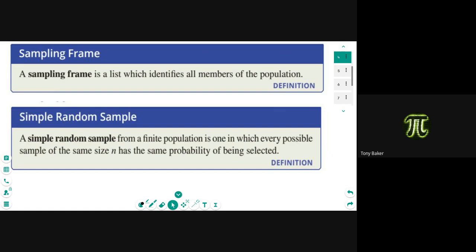There's lots of ways we can do random samples. The easiest way to do it is turn everything into a number, and then just have a computer randomly select numbers. That's the easiest way to do it. Most computers can actually do random number generators and actually select them pretty quickly.